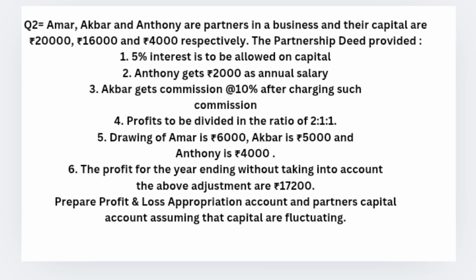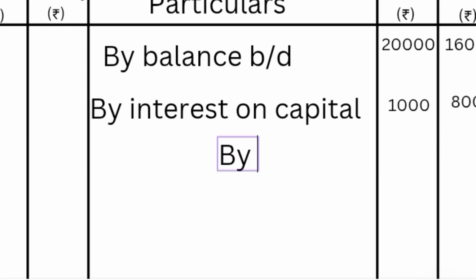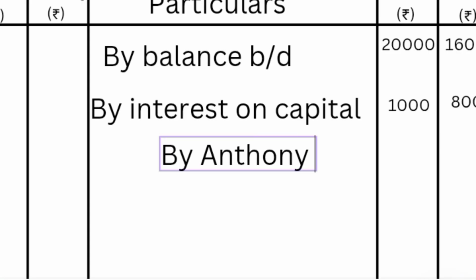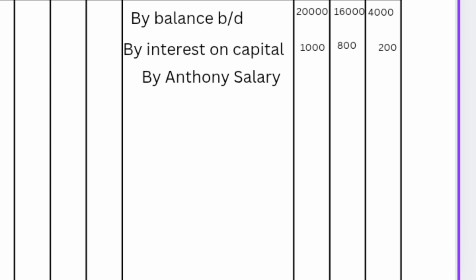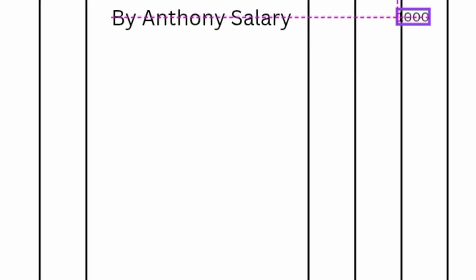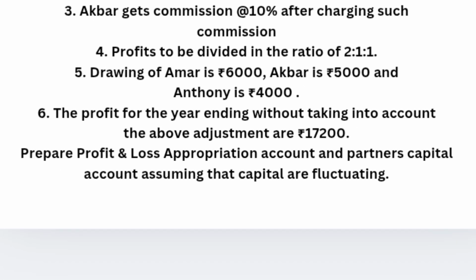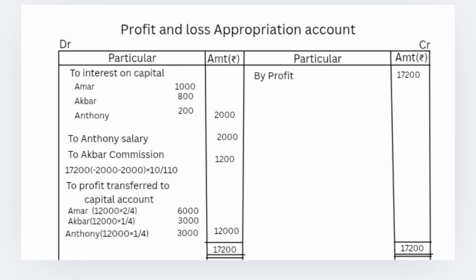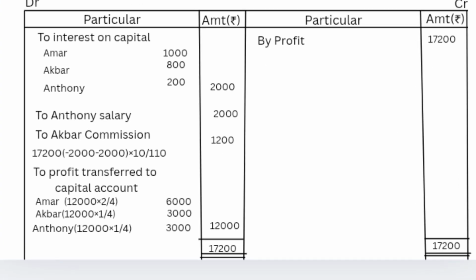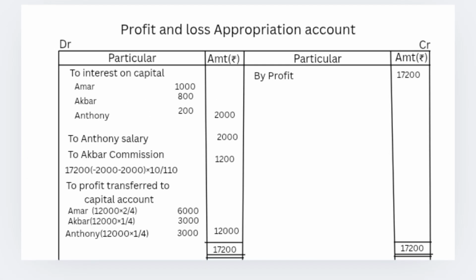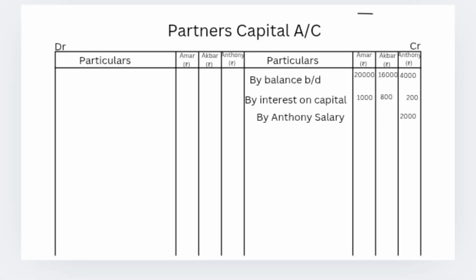The next one is Anthony's salary, which is 2,000. Next one is Akbar's commission, which is 1,200. This one we already calculated in the profit and loss appropriation.